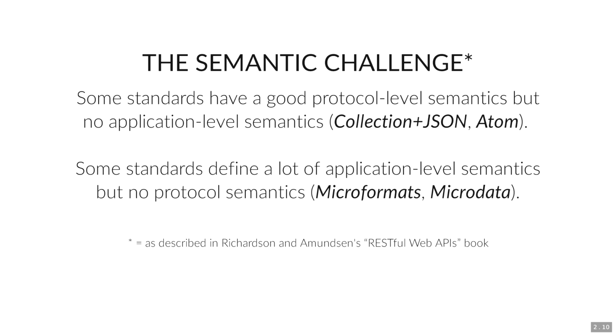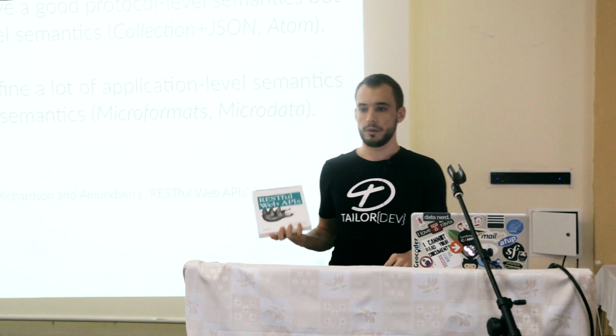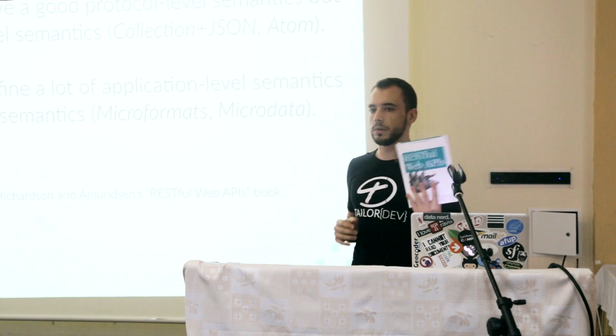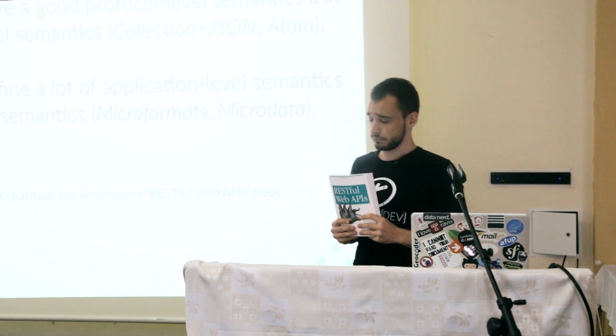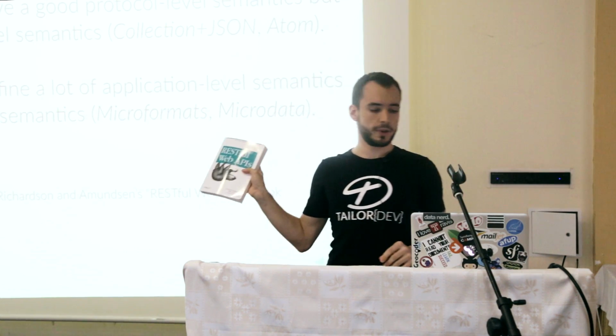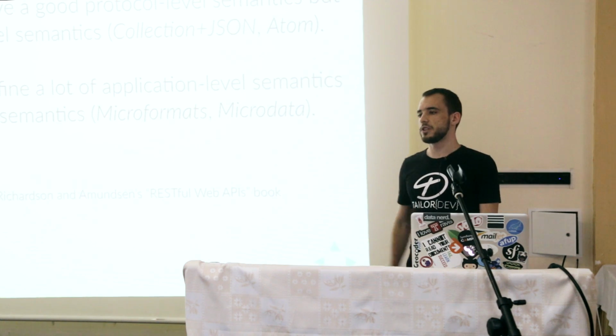Because before, I have to introduce this book, RESTful Web APIs, which has been written by Leonard Richardson, the guy of the RMM model. If you want to know everything about this book and about REST APIs, you should read it. In this book, the authors describe the semantic challenge.